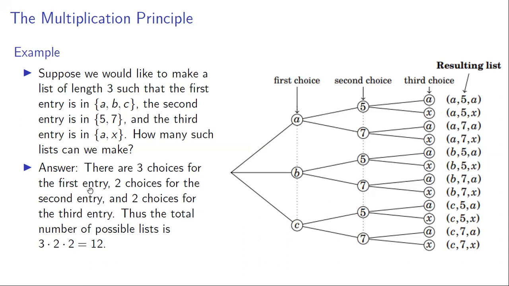There are 3 choices for the first entry, 2 choices for the second entry, and 2 choices for the third entry. And the idea is that no matter what we choose in the first choice, we have 2 new choices for the second choice. So for each of these 3 options in the first choice, we have 2 options in the second choice. And for each of those 2 options in the second choice, we have 2 options in the third choice. So we have to multiply 3 times 2 times 2, which gives us 12.